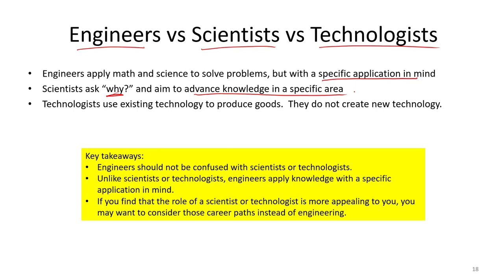And finally, to those who like building stuff, it's good to remember technologists. Technologists use existing technology to produce goods. But here's the important point about technologists. Technologists do not create new technology. They do not design new technology. Most of the time, technologists are the ones using their hands to build technology.